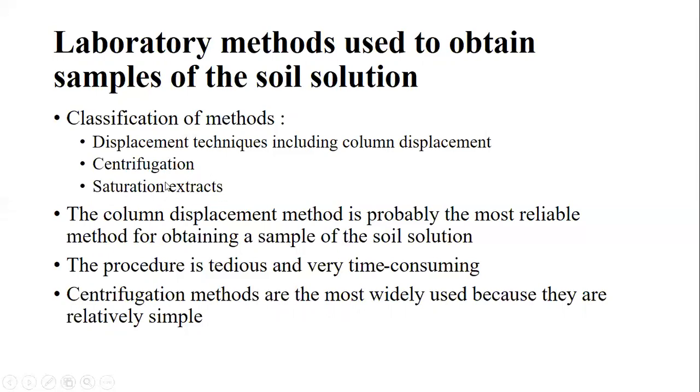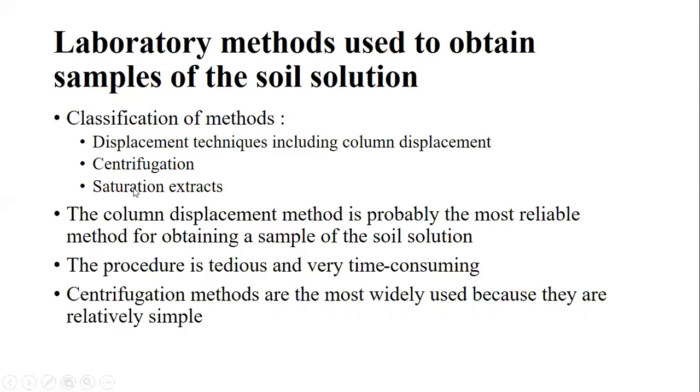Okay, the amount of water in a saturation extract is about double the field capacity. That's why they chose it, so we can relate the concentration of ions in the saturation extract to the field capacity, which is our ideal condition for soil solution, when the moisture is optimum for plant growth.